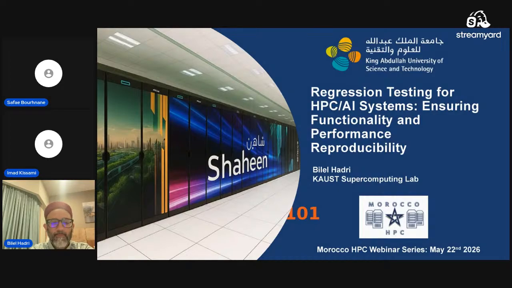Today we have the chance to have with us Bilal Hadri, who is the lead senior computational scientist at the KAUST Supercomputing Lab, where he oversees operational support and strategic procurement for the Shaheen systems and IBEX clusters. By the way, Shaheen 3 is listed among the top 20 supercomputers.